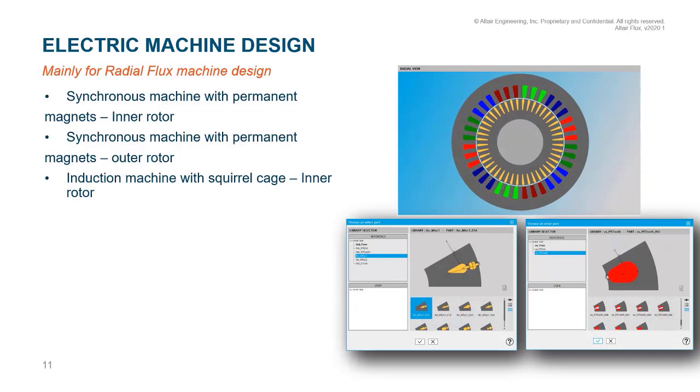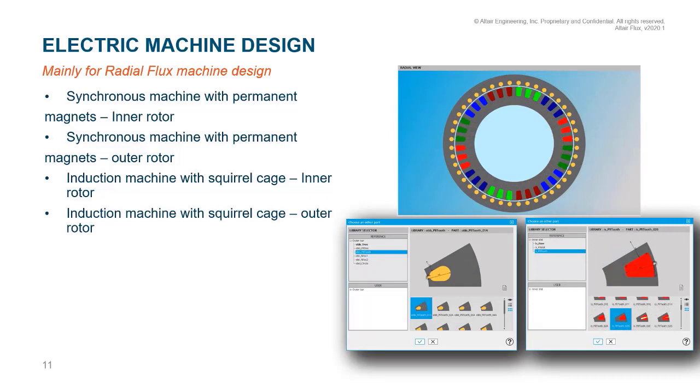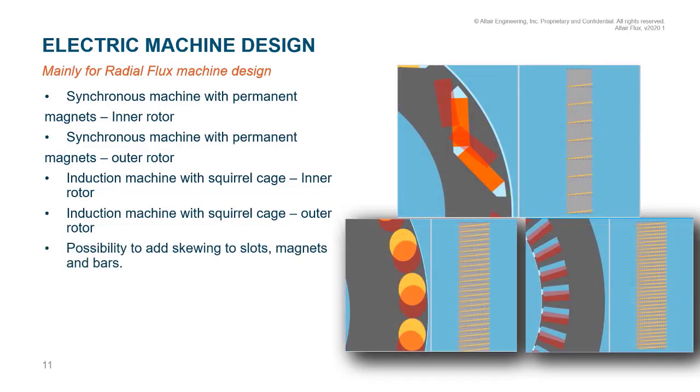And it can also model induction machines with squirrel cage with inner or outer rotor as well, with the possibility also to add skewing to the slot, magnet, and bars. There are more machine types to come in the future. The next release of FluxMotor, in November, December this year, will include the synchronous reluctance machine, for example.